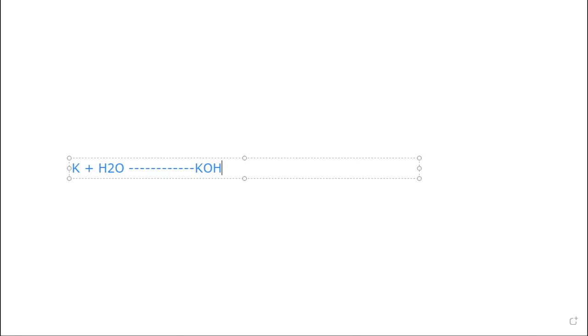Why? Because the valency of magnesium is divalent and the valency of OH is monovalent. When you write the chemical formula, you exchange them. So Mg takes the valency of OH, which is 1, and OH takes the valency of magnesium, so the chemical formula of magnesium hydroxide is Mg(OH)2.